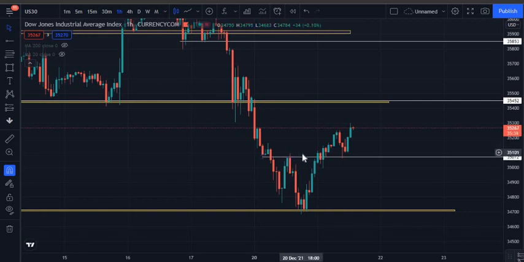If it broke above and retested the zone and pushed up, we would take the buys. But as you can see, price pushed down, tried to retest the zone and pushed back down again, and this was the trade to this zone over here, which for me was not a trade. It wouldn't be a trade that I would consider, because it's a low probability trade for me according to my rules.